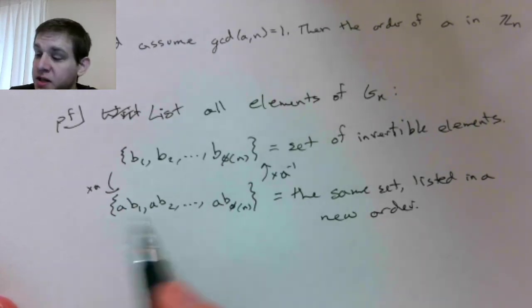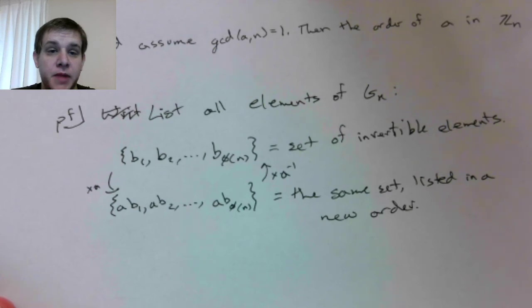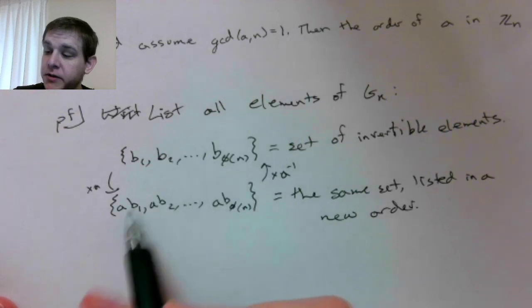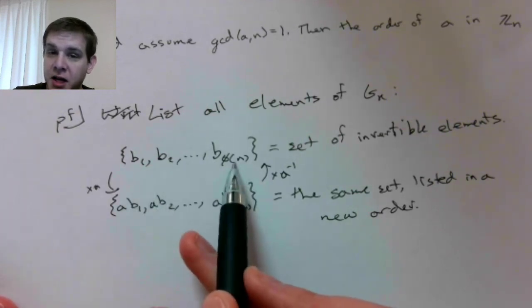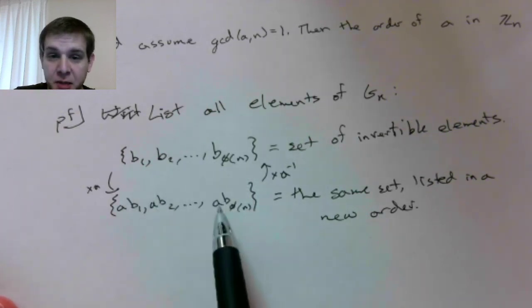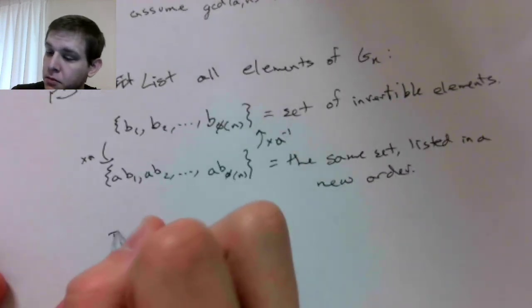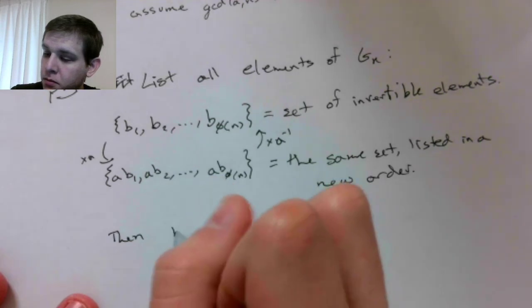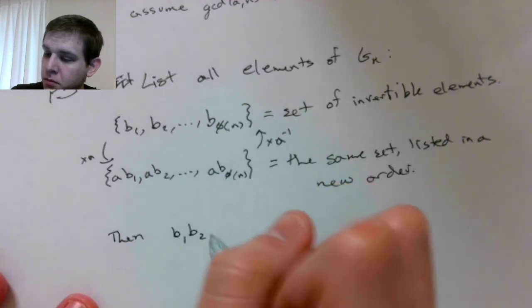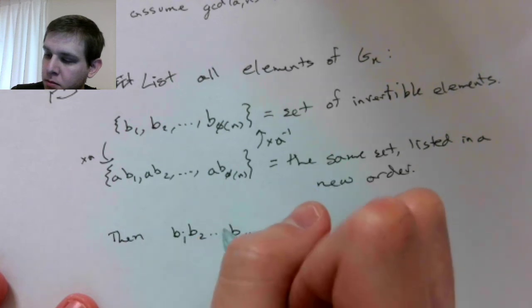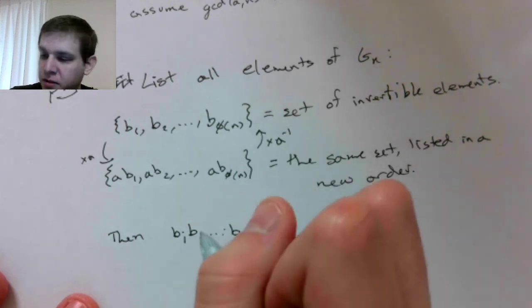So because these elements and these elements are the same, and multiplication commutes, and it doesn't matter what order it comes in, when I multiply all the elements here, I get a number, and then I should get the same number if I multiply all of the elements here. And so I'm multiplying.